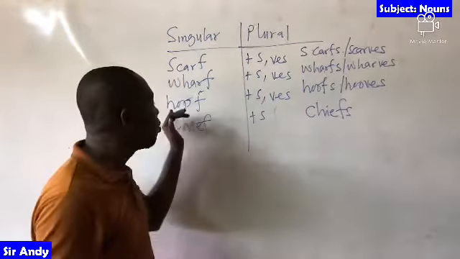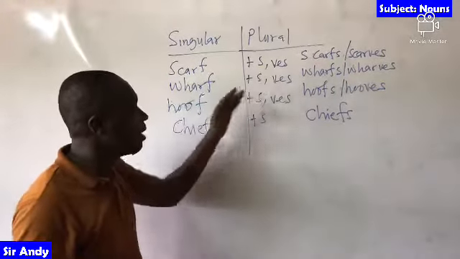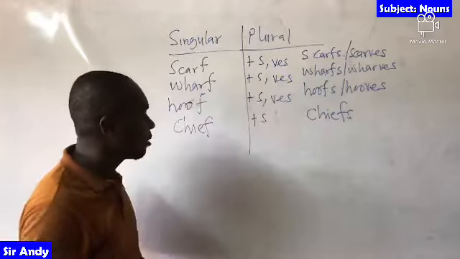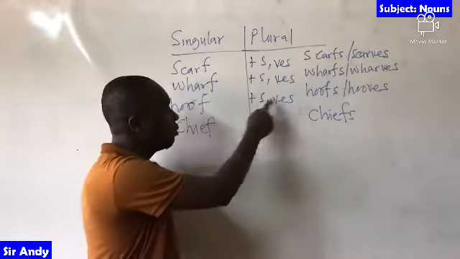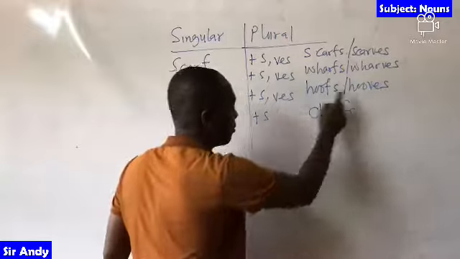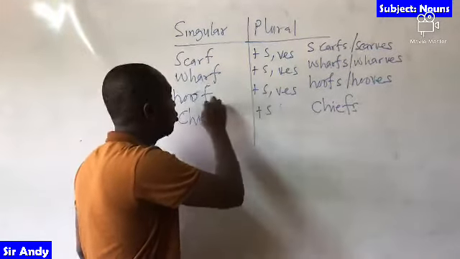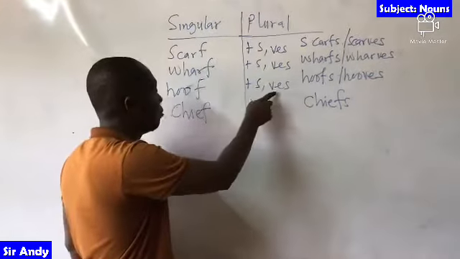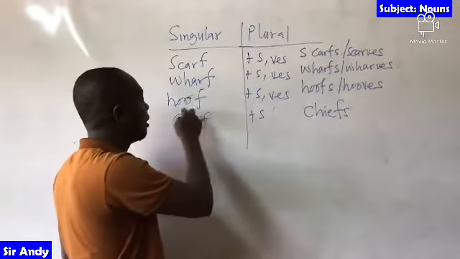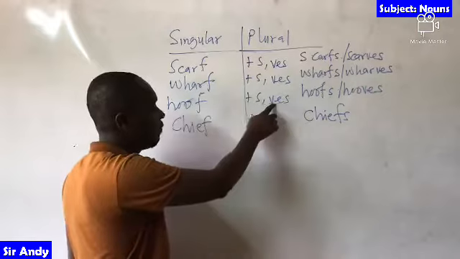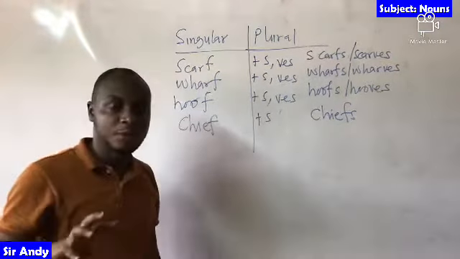Hoof also goes the same way, where we have hoofs or hooves, where you maintain the F and add S, or you do away with the F and add VES to become hooves.